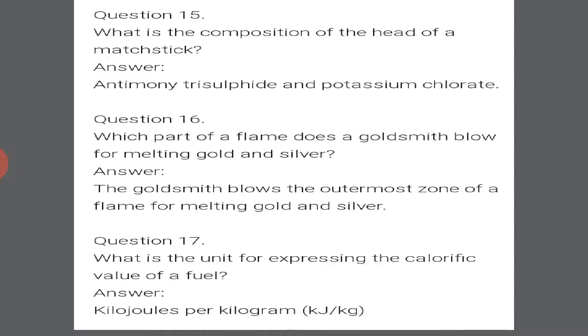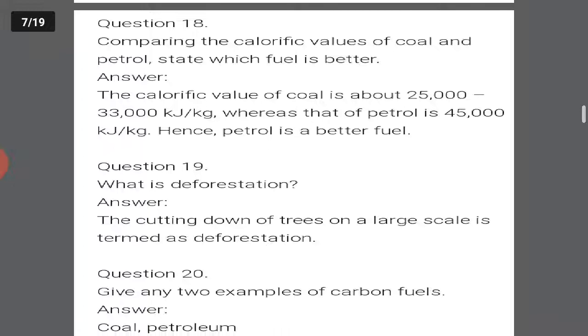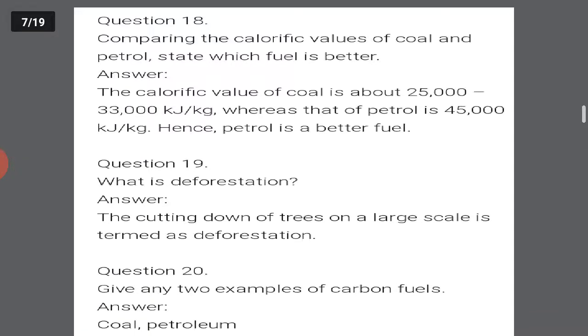What is the unit for expressing the calorific value of a fuel? It is kilojoule per kilogram. Got it? It is kilojoule per kilogram. Next is, comparing the calorific values of coal and petrol, state which fuel is better.